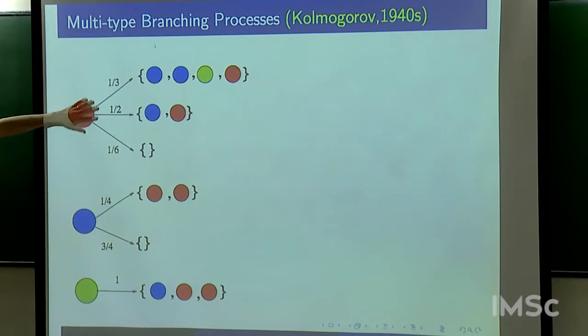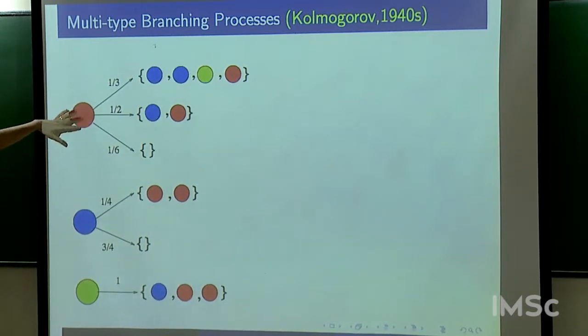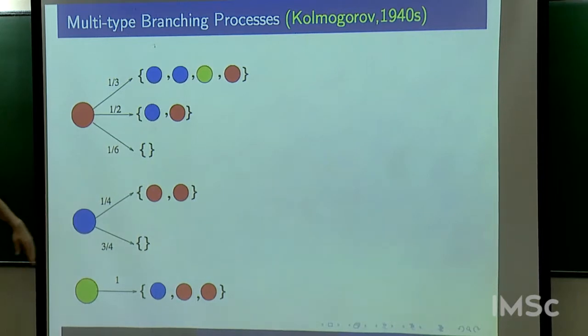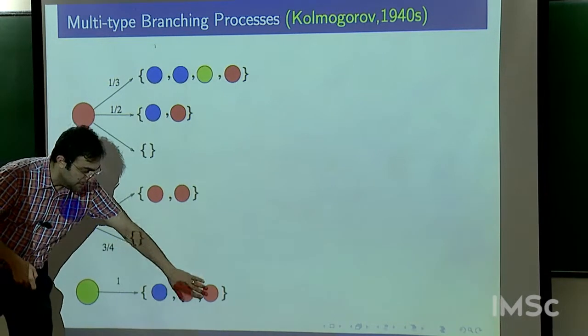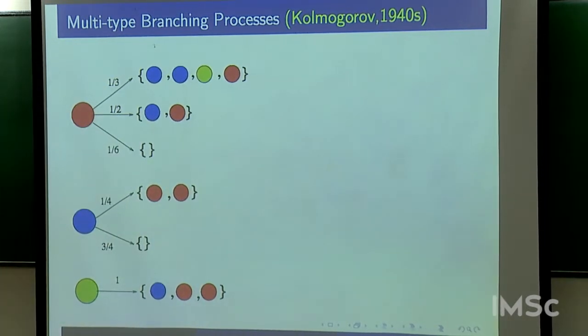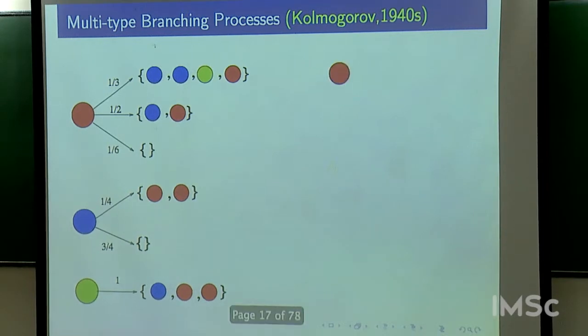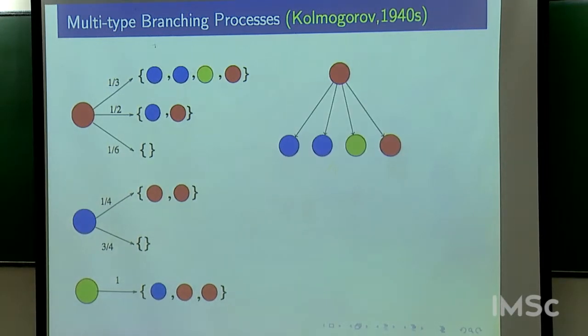So this probability distribution on these multisets specifies the offspring distribution for a cell of red type. A blue cell with 1/4 probability might give rise to 2 red cells, and with 1/3 probability, it might die, okay? And a green cell with probability 1 might give rise to 1 blue cell and 2 red cells, okay?